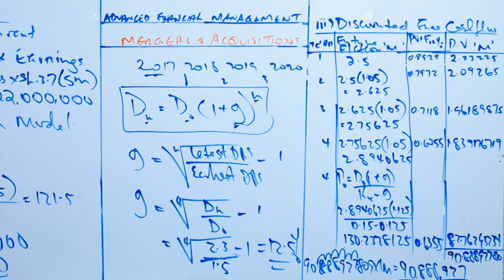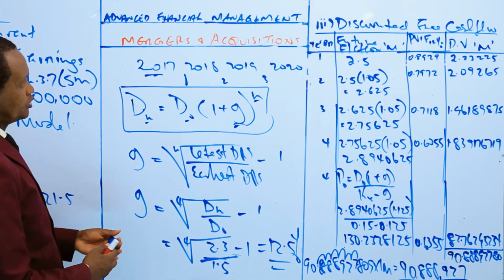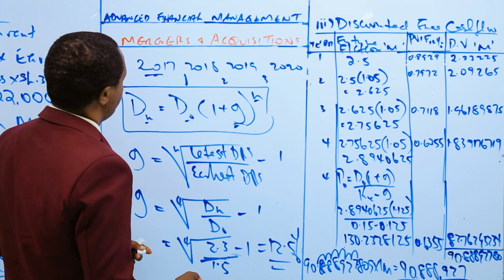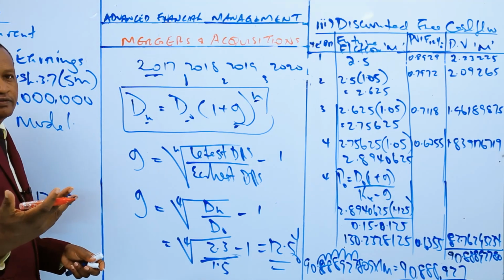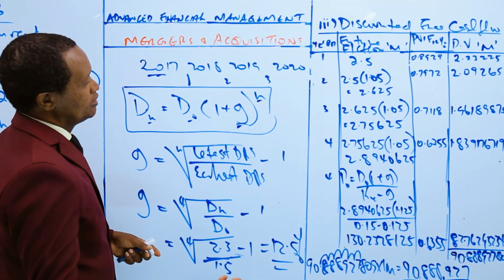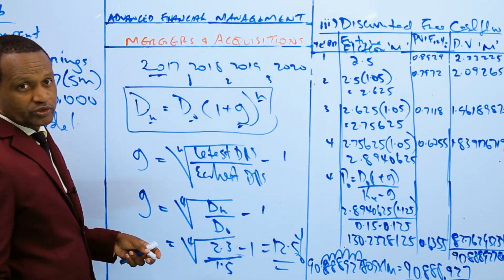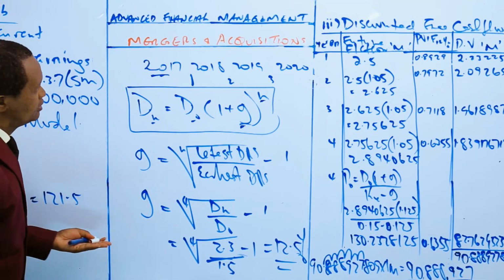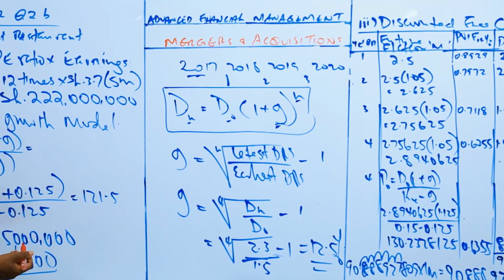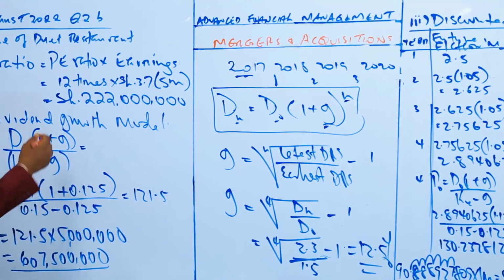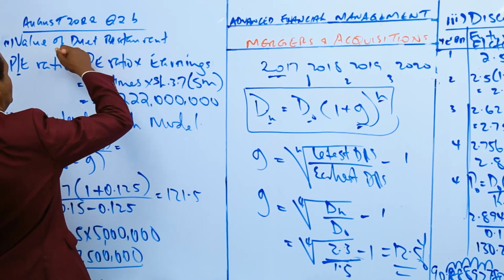Do you have any question? Have you understood? We are working out illustrative examples on mergers and acquisitions. There are 6 models that we covered in our previous sessions. Today we have illustrated 3. That is, number 1, the PE ratio basis.